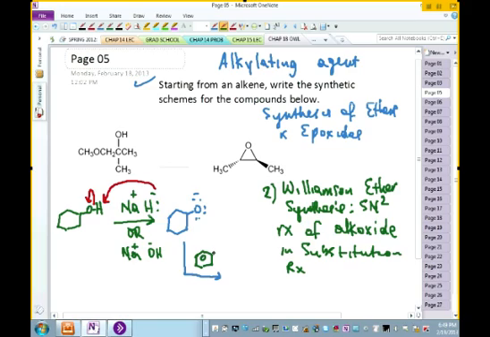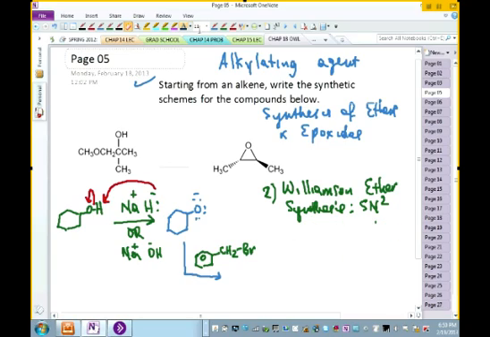Keep in mind the SN2 reaction, you do require a leaving group that is attached to a primary carbon or secondary carbon. That is the requirement of the SN2 reaction. Okay, so now what do we have? We have this, come here, attack this carbon here, essentially driving this bromine away, so that bromine becomes a leaving group.